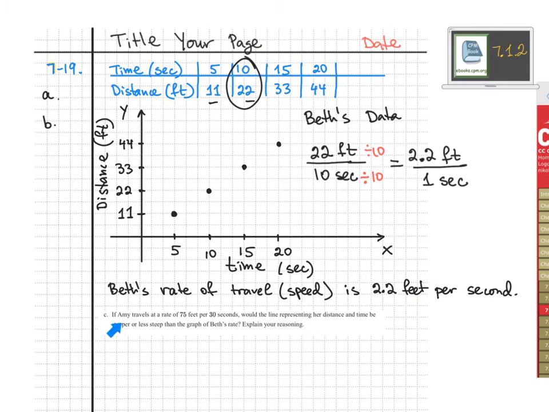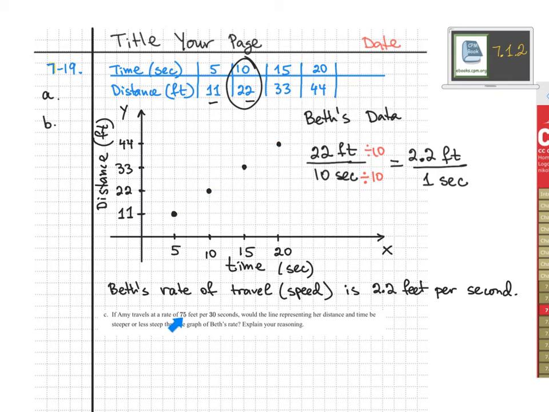Letter C. If Amy travels at a rate of 75 feet per 30 seconds, would the line representing her distance and time be steeper or less steep than the graph of Beth's rate? Explain your reasoning. So we do have Beth's data over here.